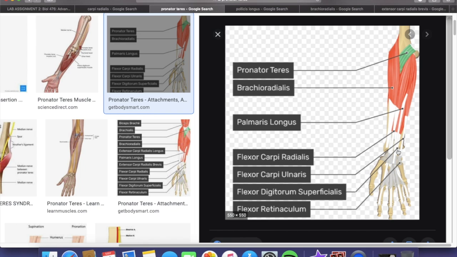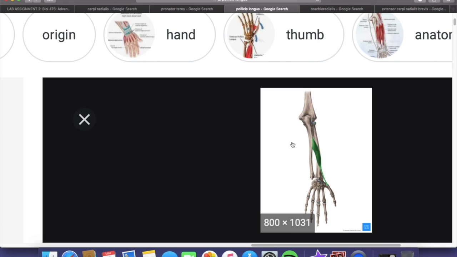Okay. The last muscle of the deep anterior forearm is the flexor pollicis longus. Is this green one right here, runs across radius and ulna, and it is also responsible for flexion, and it is innervated by the median nerve.